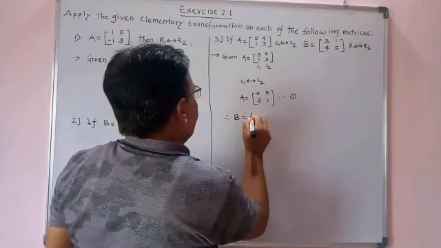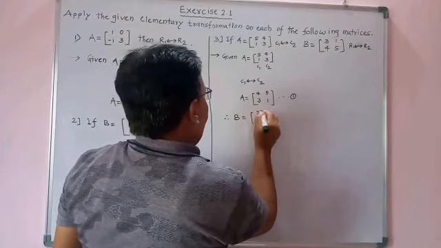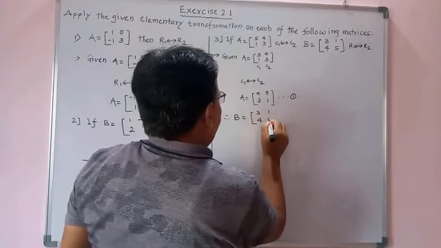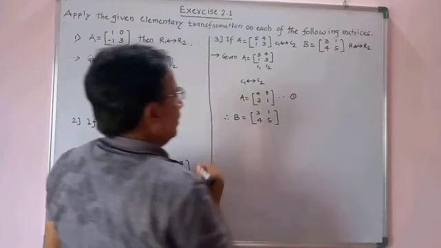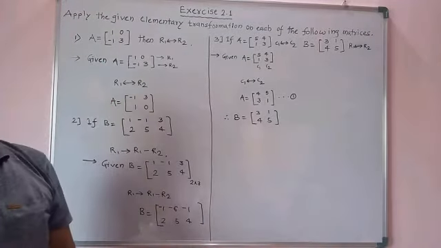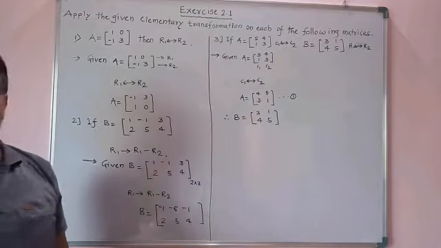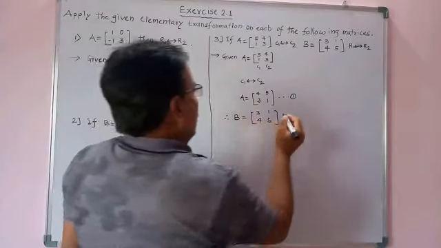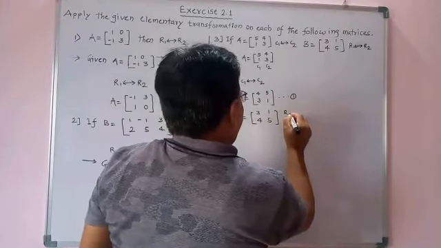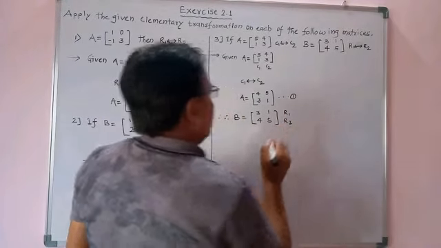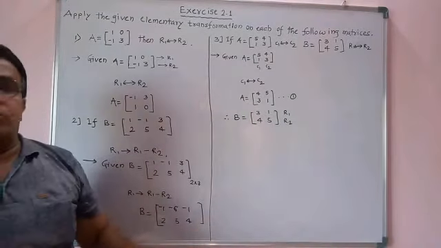Given matrix B is [3, 1; 4, 5]. This is the first row, R1, and this is the second row, R2.